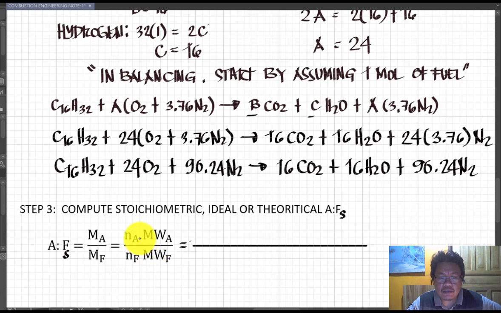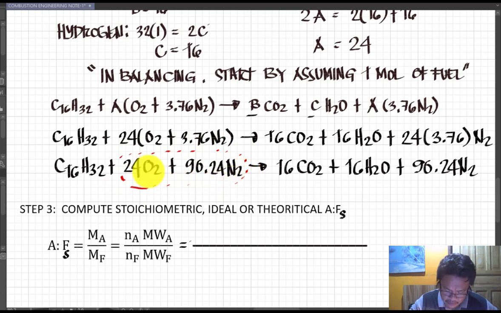So for the moles of air and molecular weight of air, referring to this one, yung air natin, ito yon, yung part na ito. So this is your air, and this is our fuel. So moles of air we have dyan is 24, no?